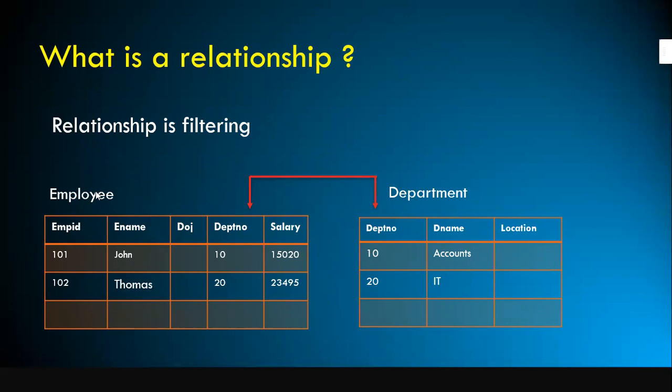So in the employee table, employee ID is the unique primary key. In the department table, department number is the primary key. In the employee table, we are also using department number. In the employee table, the department number column is a foreign key column, because the values for this department number come from the other table.